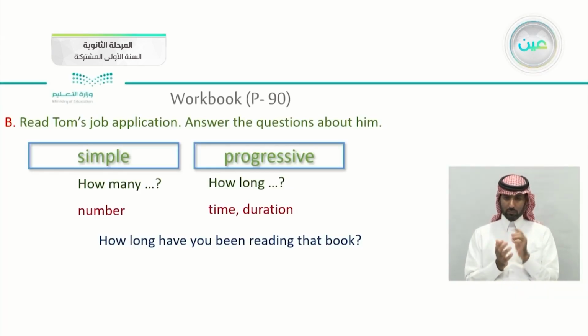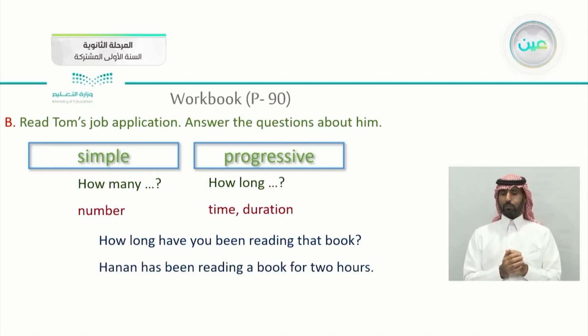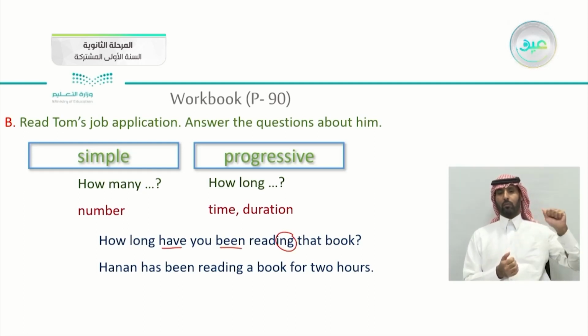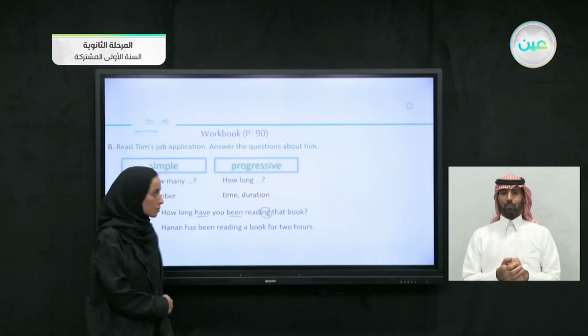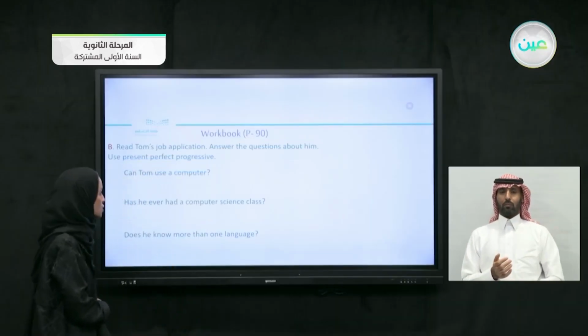Here I'm asking about the time. How long? Hanan has been reading the book for 2 hours. How long for this or that time? Notice has or have been doing. Progressive.